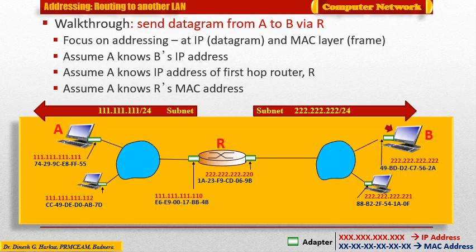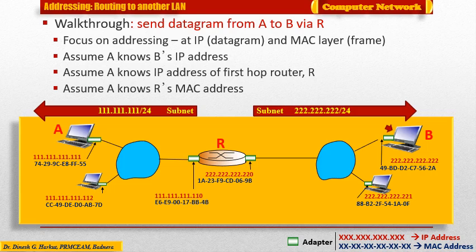Also note that subnet 1 has the network address 111.111.111/24, and subnet 2 has the network address 222.222.222/24.